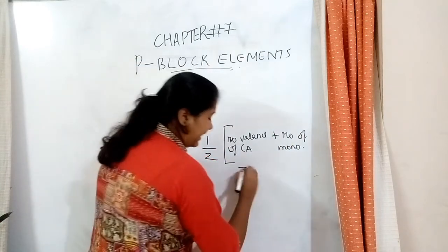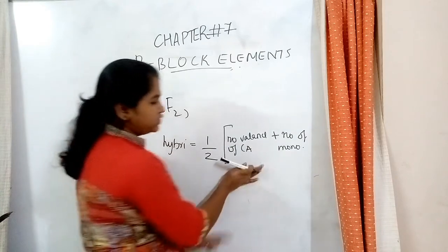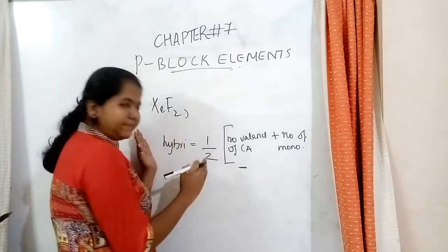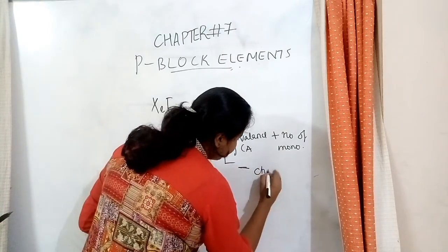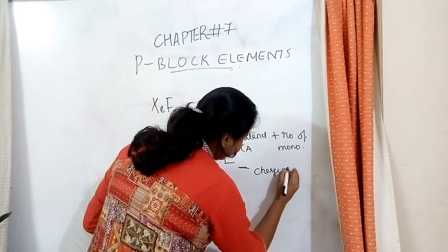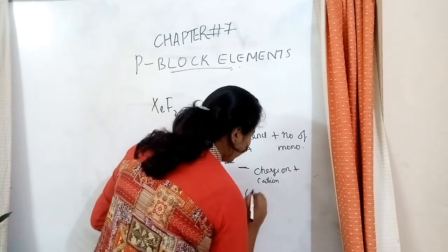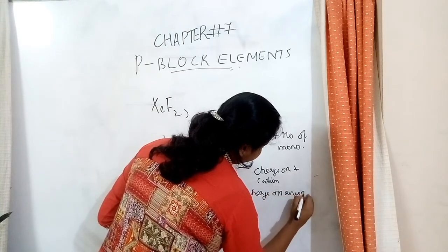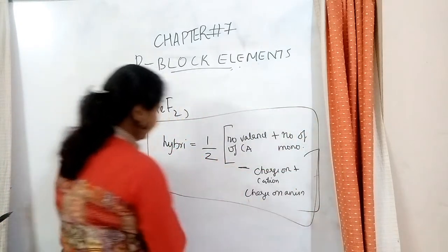Then minus, if there are charges. If there are no charges, this is the equation. If there are charges mentioned on the compounds, then it is minus the charge on the cation plus the charge on the anion. So this is our equation for finding the hybrid states.